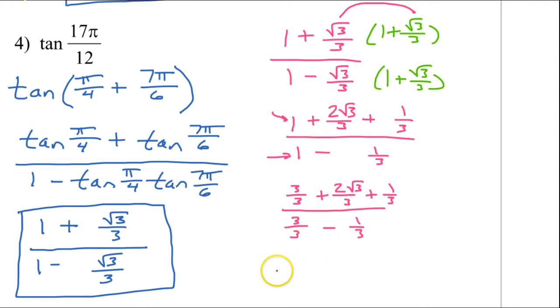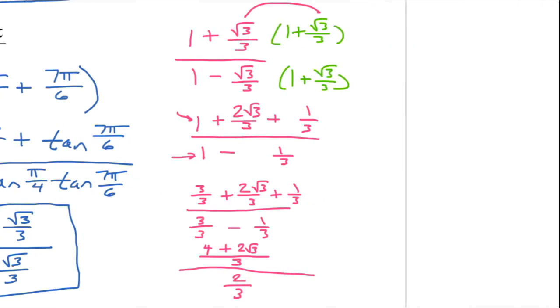Like denominators everywhere. It's a beautiful thing. So in the numerator, let's see. I have 3 plus 1, so that's 4. And then I've got the 2 radical 3. And that's over the like denominator of 3. Now in the denominator I have 3 minus 1, so that's 2 over 3.